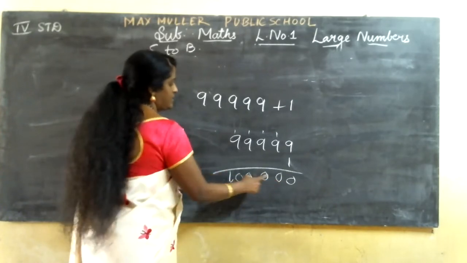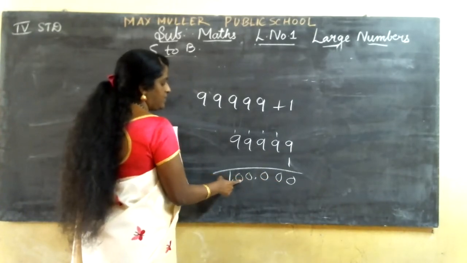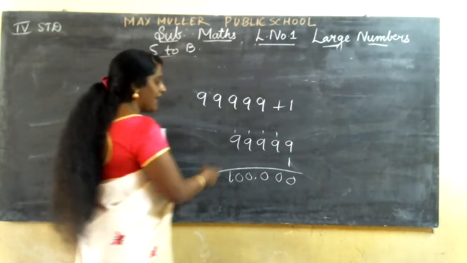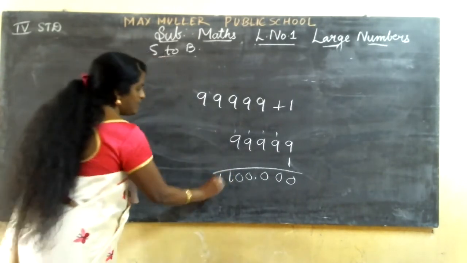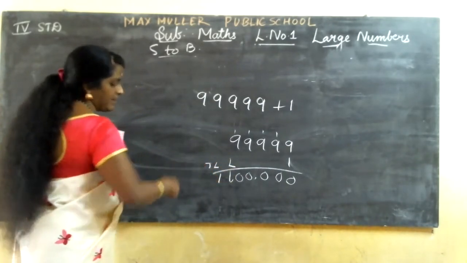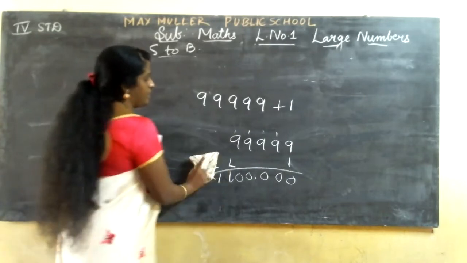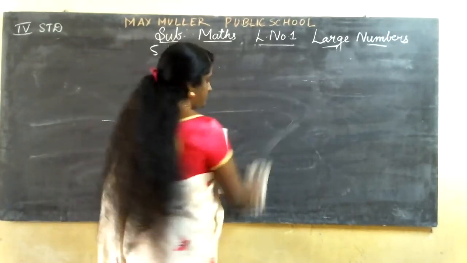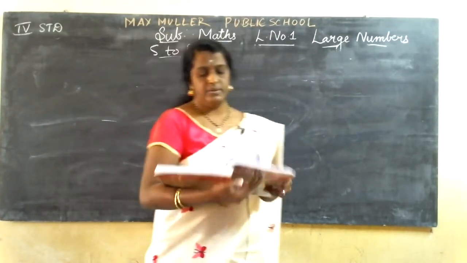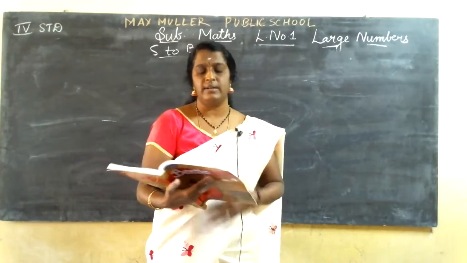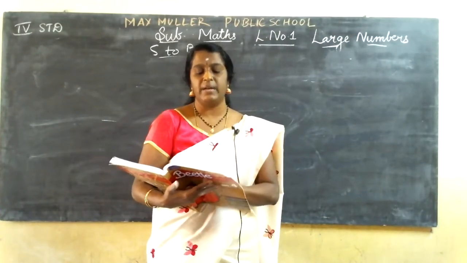So, ones, tens, 100, 1,000, 10,000. One more place means this is lakh. Lakh, one number means lakh. Here comes 10 lakh. So, a 6-digit number means lakh, and 7-digit means 10 lakh. When we add 1 to the greatest 5-digit number, it becomes the least 6-digit number, 1 lakh.